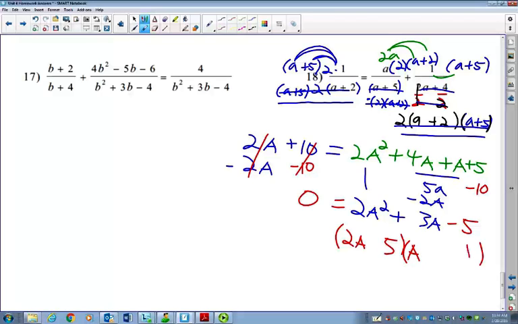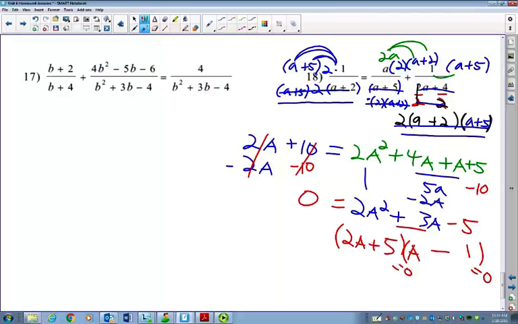So 5 on that side, and then 1 on the right side. And then we need to be a positive 3, so we'll do a positive 5a and a negative 1. So that we have 5a minus negative 1 times 2a is a negative 2a, so 5a minus 2a is 3a. So that works. And then we set each of those equal to 0.